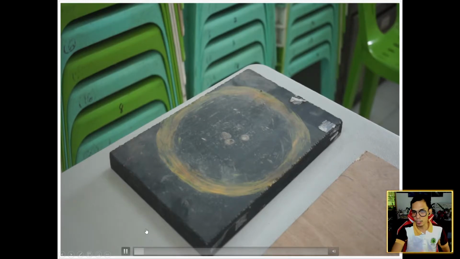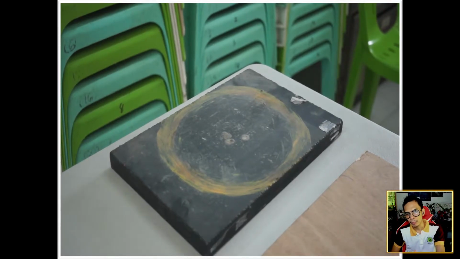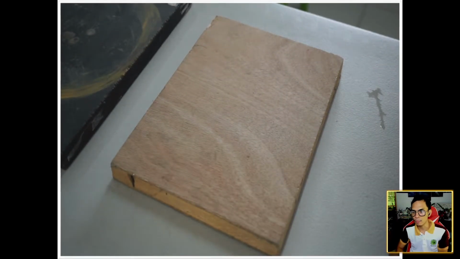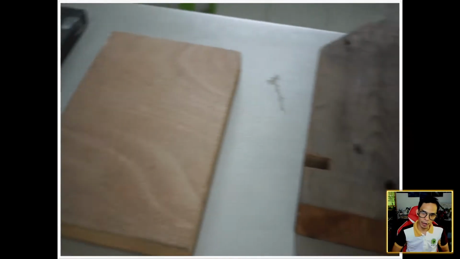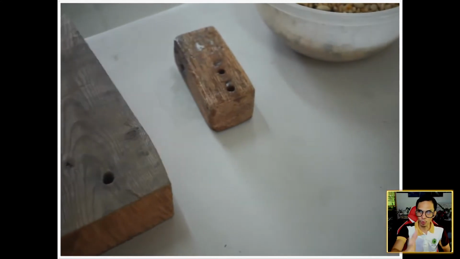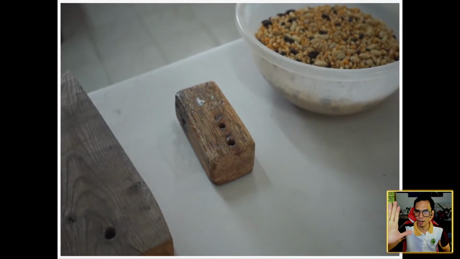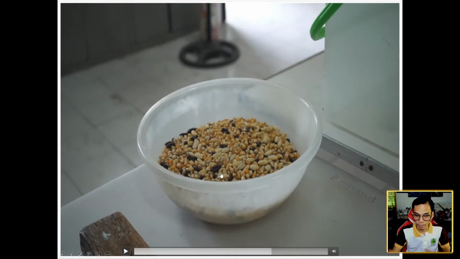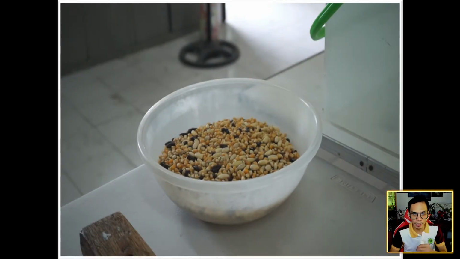Now, these materials that you have, the concrete slab, the wooden block of the same thickness as the concrete slab, the thicker version of the wooden block, the small wooden block, the beans and the corn kernels, this represents the crust in different variations.